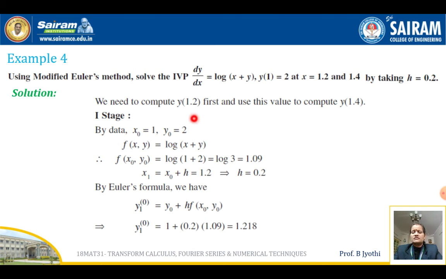So we need to compute y of 1.2 first and use this value to compute y of 1.4. So in the first stage, we are computing y of 1.2, and for that take the given data. x naught will be 1 and y naught is 2, and f of x y is log of x plus y. So f of x naught comma y naught will be log of 1 plus 2, which is log 3.